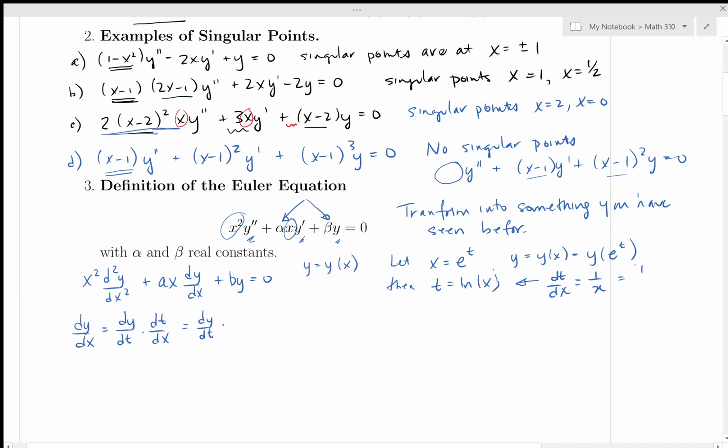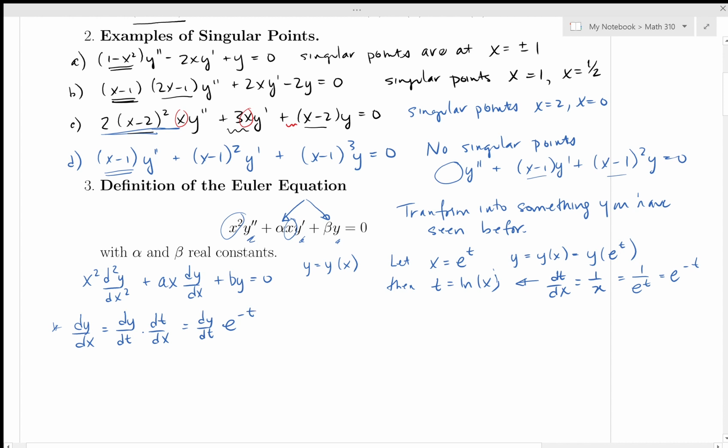So this is 1 over e to the t, and I could write that as e to the minus t. So using the chain rule, dy by dx is dy by dt times dt by dx, which I've just established is e to the minus t.